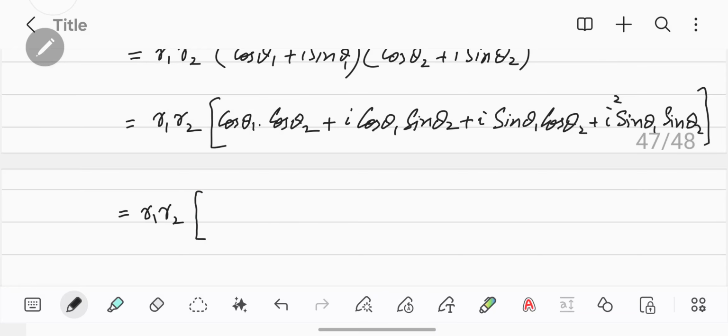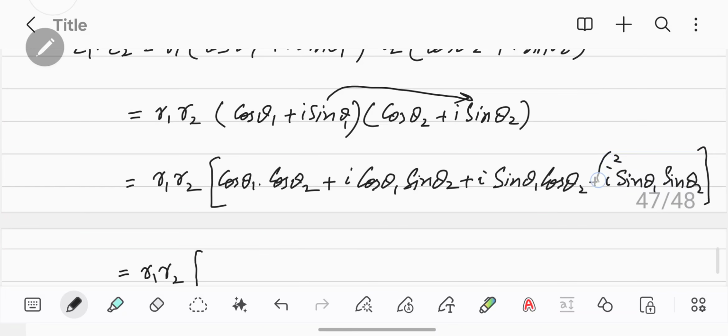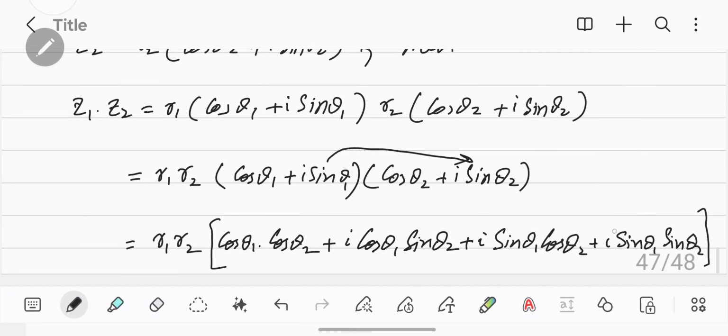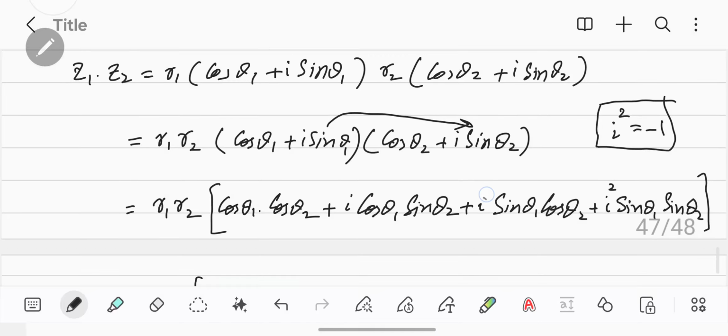We have to rewrite these whole things because this i squared is always minus 1, because we know i squared is minus 1, because it's a complex number. So I will replace i squared by minus 1.